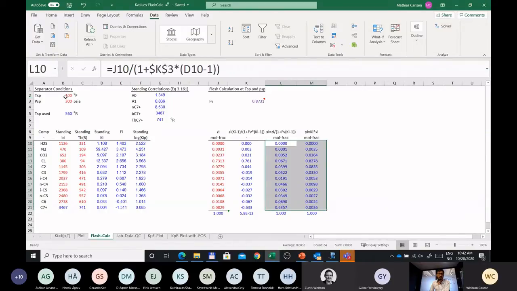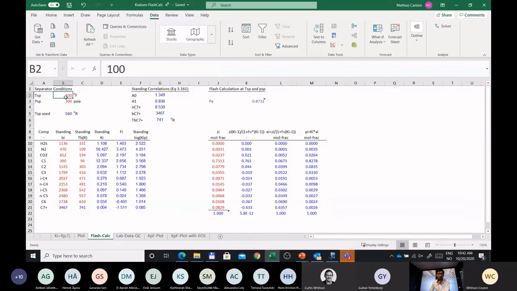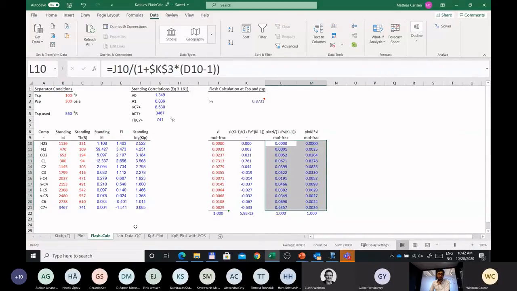For the gas condensate PVT report, at these separator conditions, the lab has taken the separator oil sample and the separator gas sample and analyzed them in the PVT lab. So we know the xi and yi from the lab report, and we can compare those with these values that we have here.